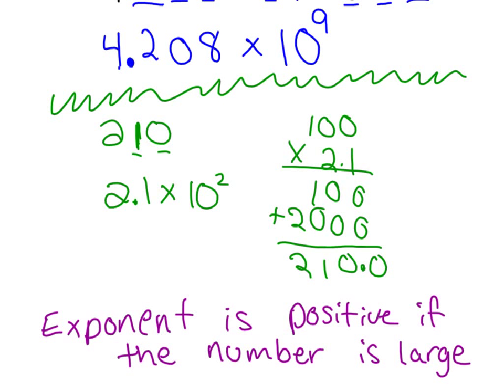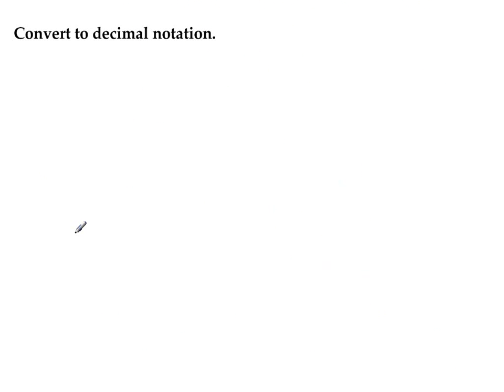So let's see how we go backwards. We have scientific notation, and we want to go back to decimal notation. So we start with something like 5.601 times 10 to the 11th.